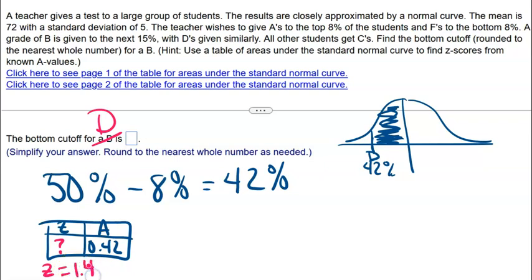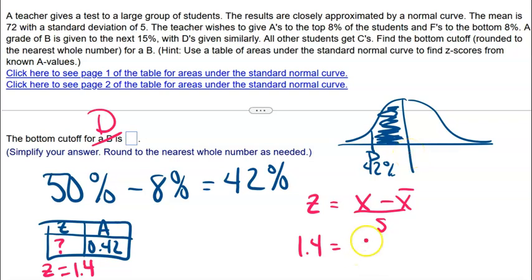Now, what am I going to do with that? Well, remember, I have to find the data point associated with that. So I use my formula. Z is equal to x minus x bar over s. So I have 1.4 is equal to, and really it's negative 1.4 because it's on the left side, right? But that is not an issue because it's symmetric.